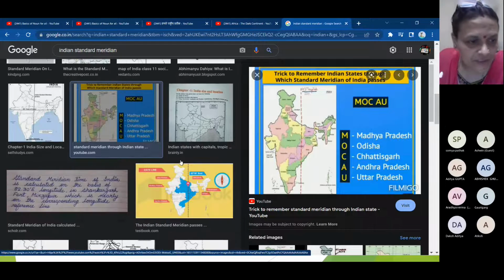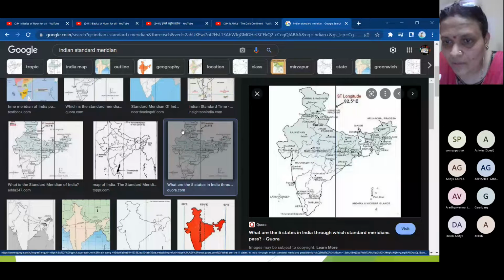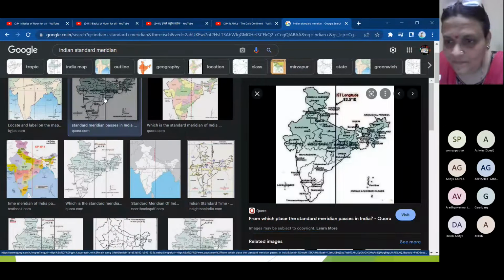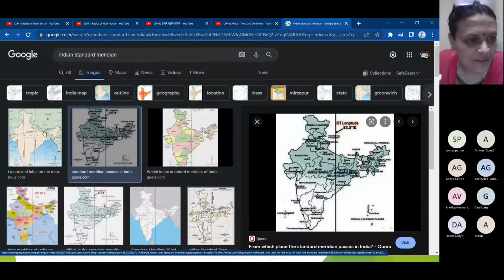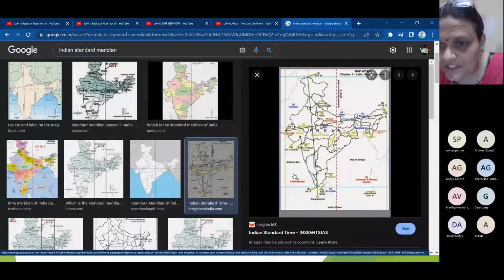It is a place actually, Mirzapur. Somewhere I saw Mirzapur written, but now I'm not finding it. Yeah, here it is. See, this is the place where the lines are meeting.